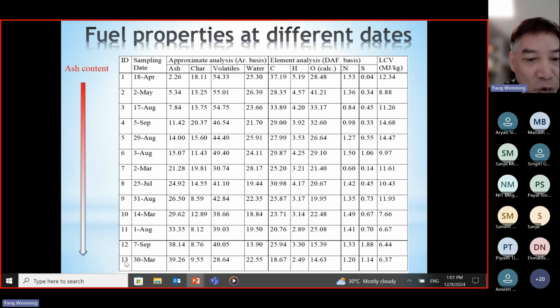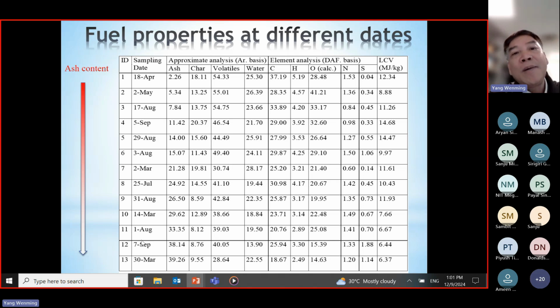For example, here we show you 13 samples we have collected on different dates. The first one was collected on 18 April 2018. The second sample was collected on May 2nd. The third one is on August 17, and so on at different dates.